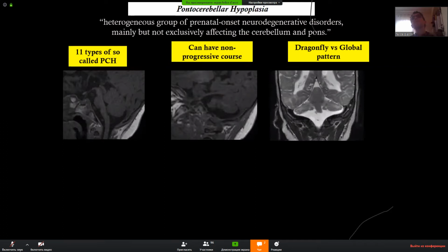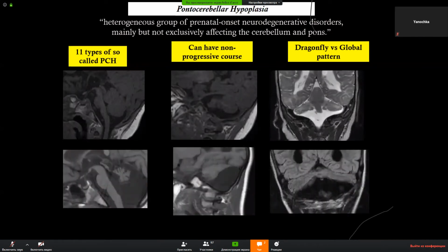You cannot go further than that, apart from some cases that I will show you, but at least they know that they need to explore this class of disease. So pontocerebellar hypoplasias are actually pontocerebellar atrophic pictures that are, most of the time but not always, progressive, and they are characterized by these two patterns: dragonfly, and this is a global atrophy where, you see the difference in coronal, both the vermis and the hemispheres are atrophic.